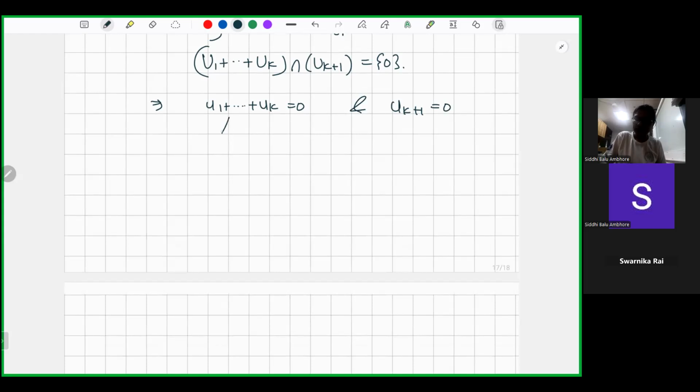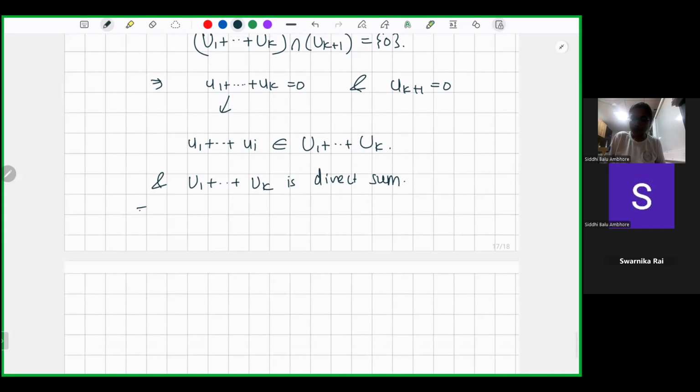But now again I need to show that each ui is 0. Now since this is 0 and we are in the induction case, u1 to uk belongs to this, and we know that U1 plus ... plus Uk is a direct sum, so each ui is 0.